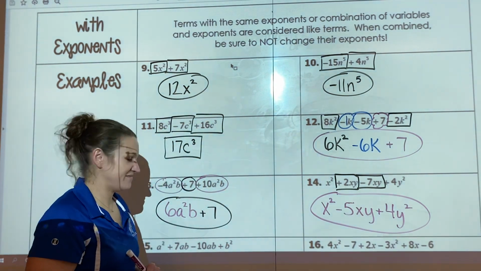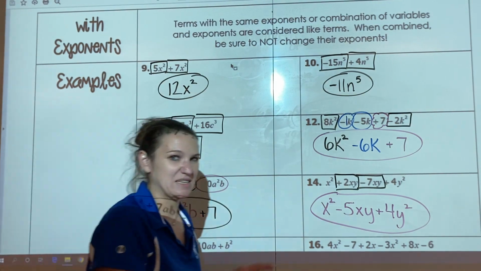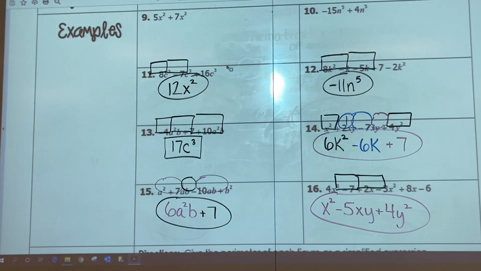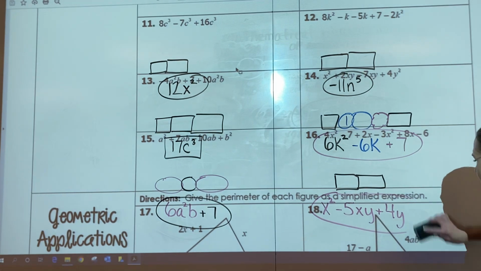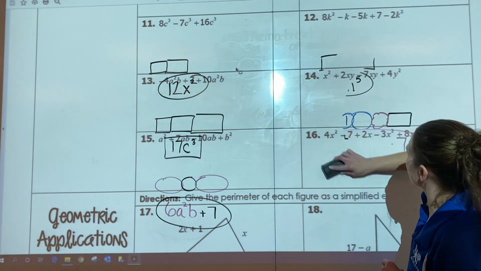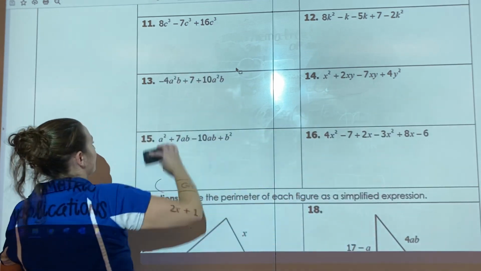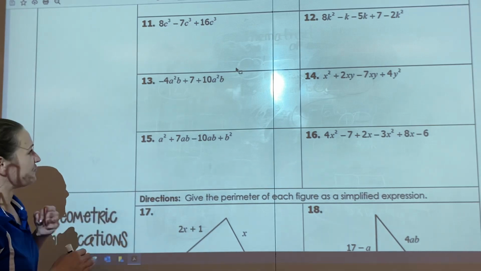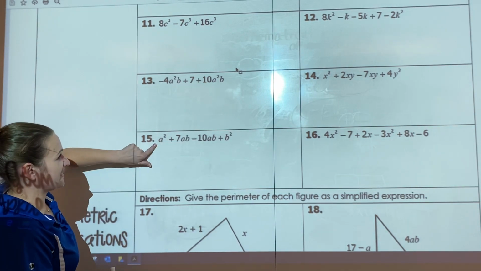Two more to try. Last two. Similar to our last one, we have an a squared and a b squared.